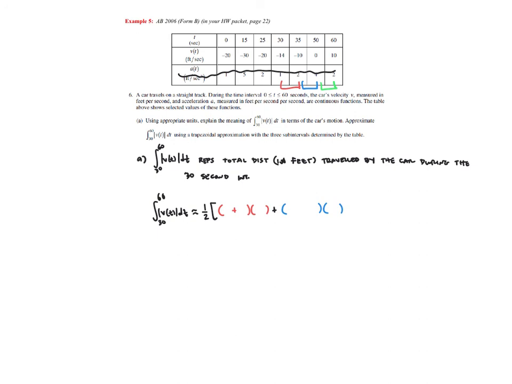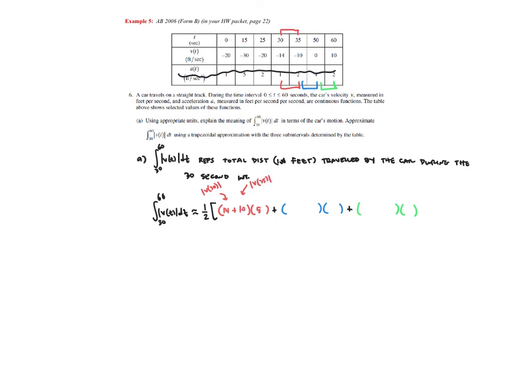Okay, so I feel like I've set it up pretty well in the previous examples, so you know where everything's coming from. So let's talk this through. For this first interval, the width of the interval is 5, right? 35 minus 30. The absolute value of v of 30 is going to be the absolute value of negative 14, which would be 14. Absolute value of v of 35 is going to be positive 10.